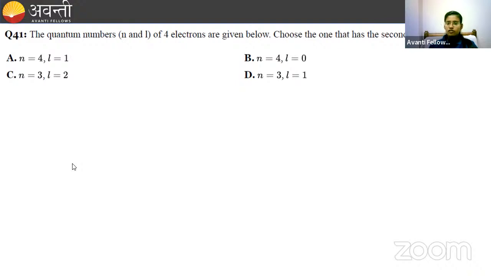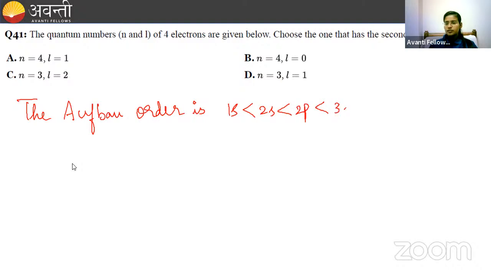So now, according to Aufbau's principle, the Aufbau order is as follows. 1s, which is lower in energy compared to 2s, then 2p, 3s, 3p, 4s, 3d, 4p. So this is the order, right?